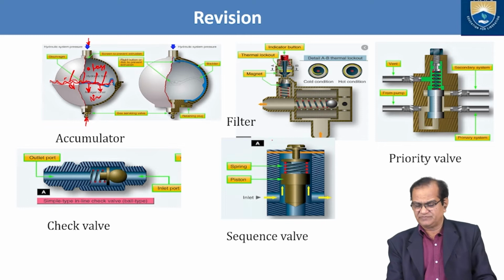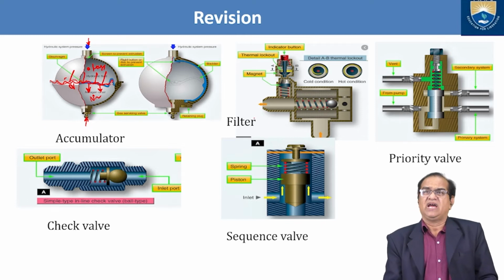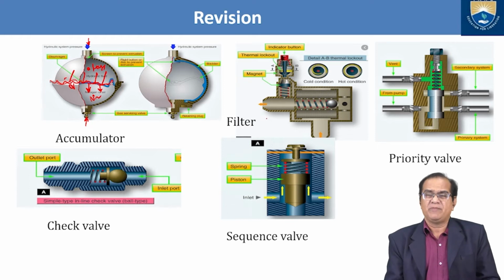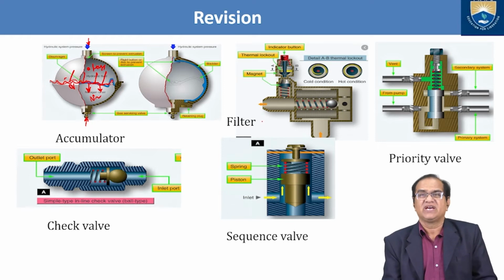Next are the filters. There are a number of filters I have shown previously, one after the pump and another before the reservoir. So what happens? The hydraulic fluid is moving from here, as you can see, and there is a filtering element here.